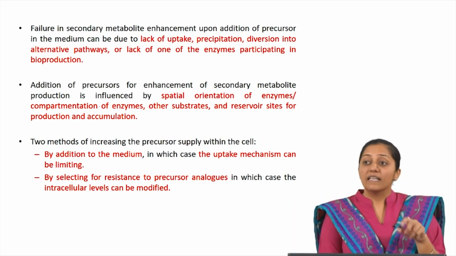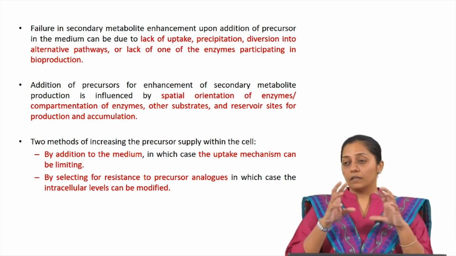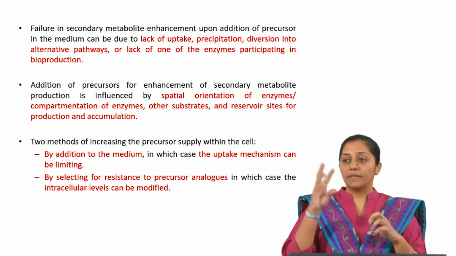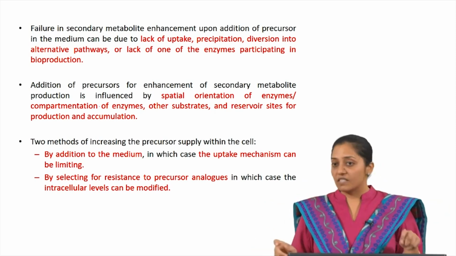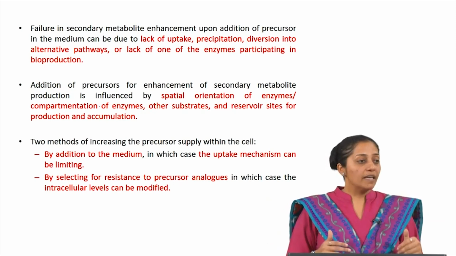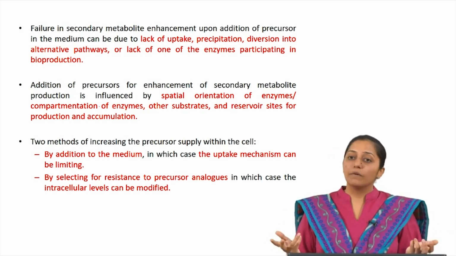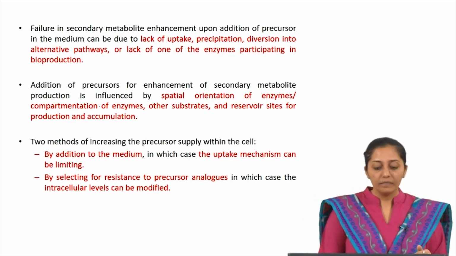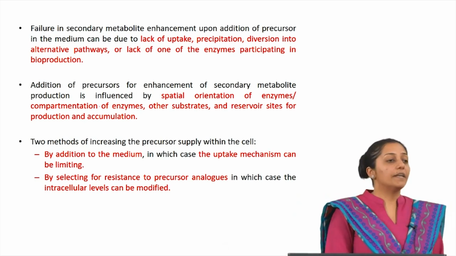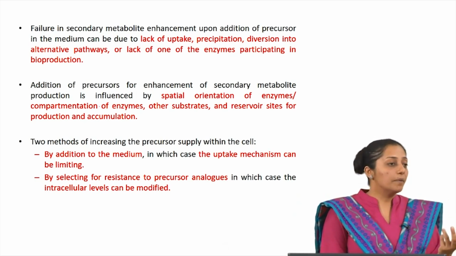And there is compartmentation: sometimes the entire biosynthetic pathway has been divided into different organelles, and there is a transport of precursors taking place. So, if you provide the precursor from outside, this may get diverted towards any other pathway. Then, despite you adding the precursor, what else can be a limitation?